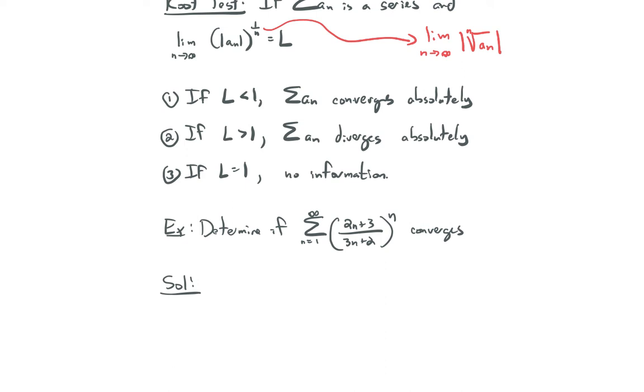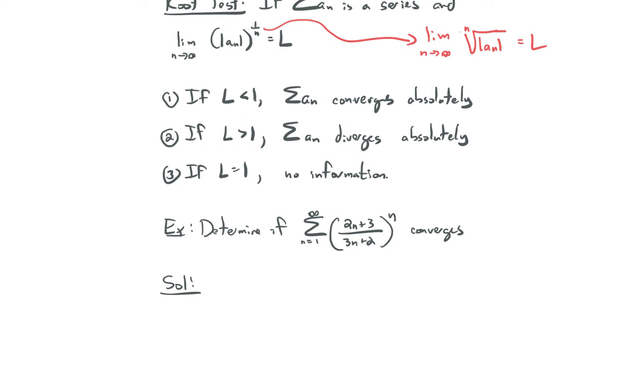Or sorry, I have it the wrong way around. The absolute value goes inside, so it's the nth root of the absolute value of an. If that gives you some number L, the same type of convergence properties hold compared to the ratio test. If your L is small, then it converges absolutely.